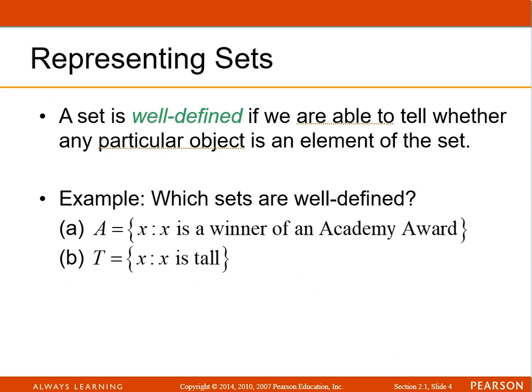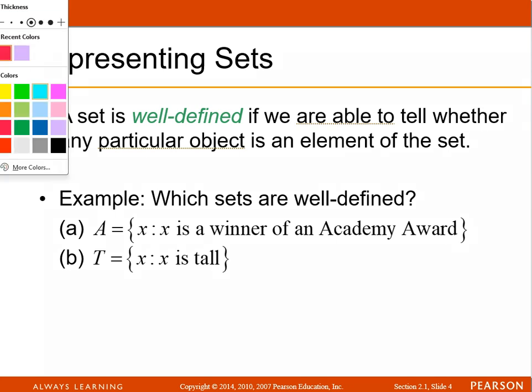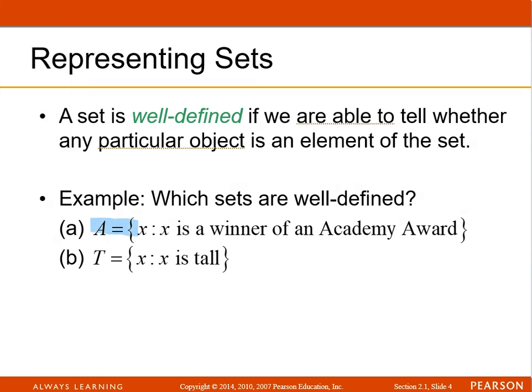A set is well defined if we are able to tell whether any particular object is actually an element of that set. And so they've given us two examples here. Set A is the set of all X such that X is a winner of an Academy Award.